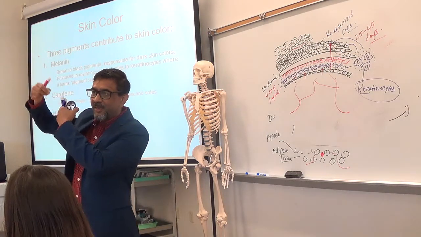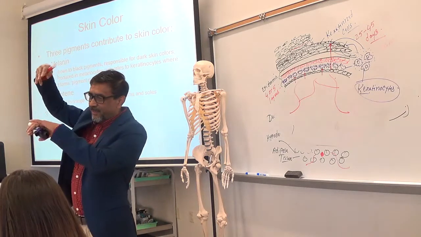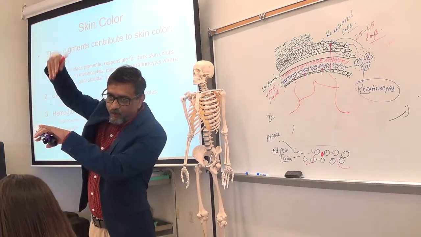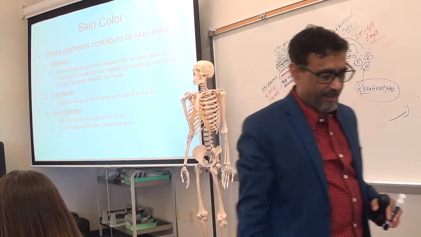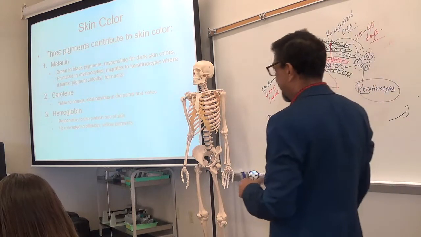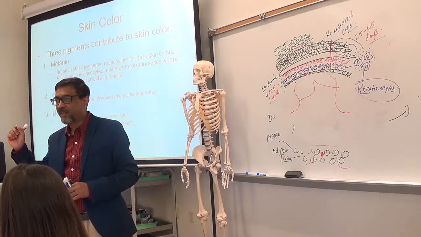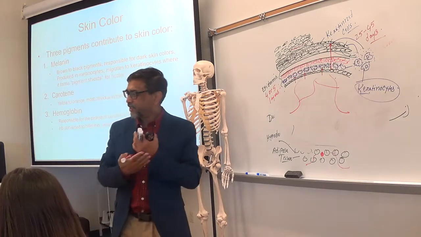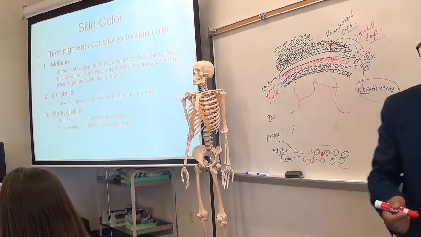Sun, UV radiation. So UV cannot pass through the melanin shield. So it protects against UV radiation. And you know that UV radiation is one of the main causes of skin cancer, right? So the melanin shield protects the person from skin cancer.